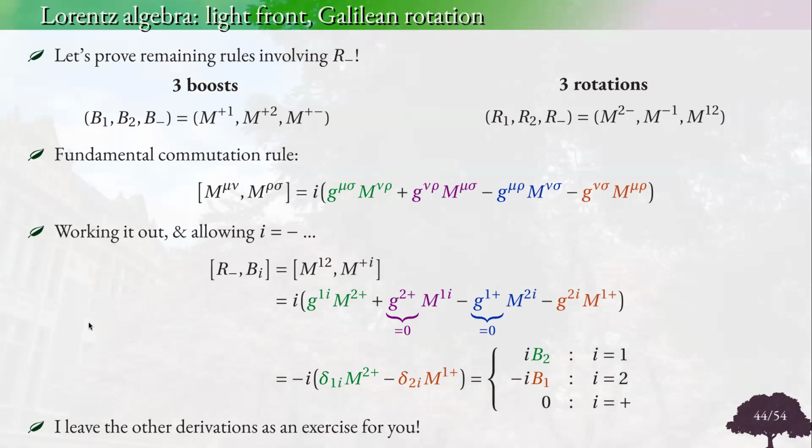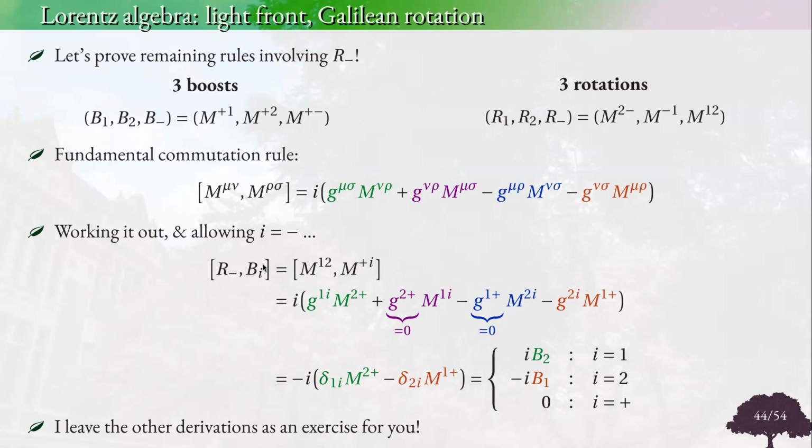And another really nice thing is the rules involving the r minus rotation between the x and y axes. If you take the commutator of r minus with one of your transverse boost generators, then you end up just getting another transverse boost generator.